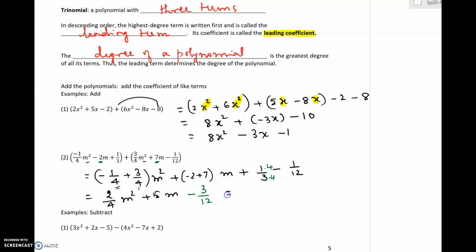If we simplify that further, this can be reduced. It is 1/2 m squared plus 5m, and the number reduces to positive 1/4.